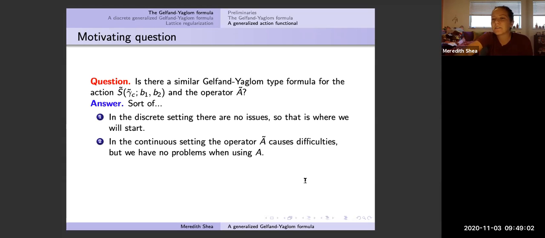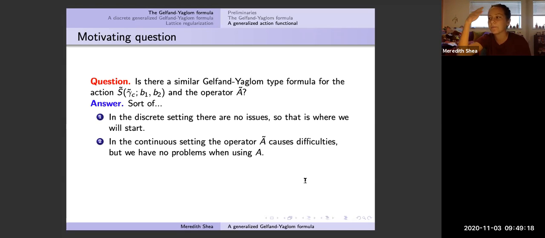So then we turn to the continuous setting, and specifically the Zeta regularization, and ask, can we do this? The Zeta regularization of A tilde is tricky because it's a first order operator instead of a second order operator.